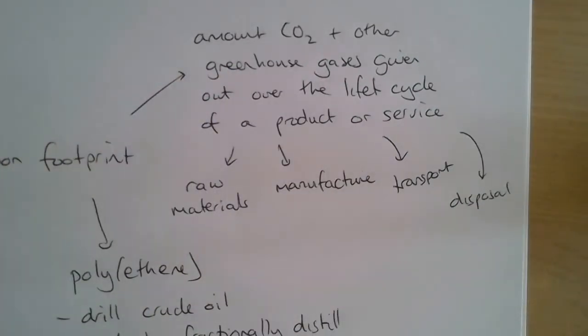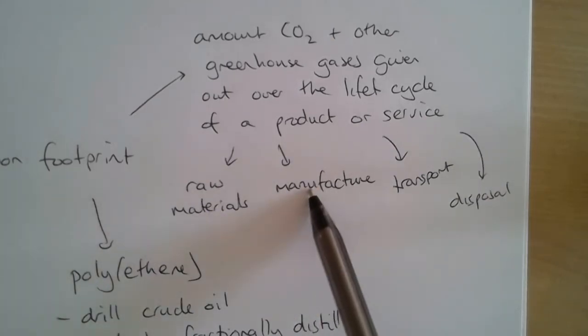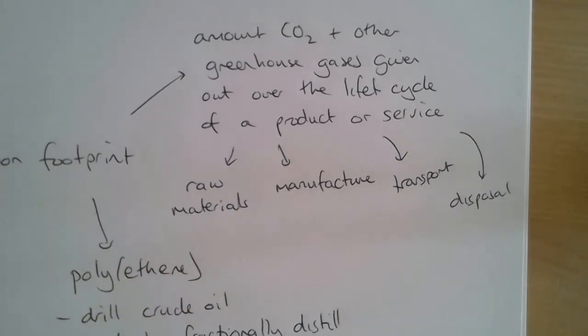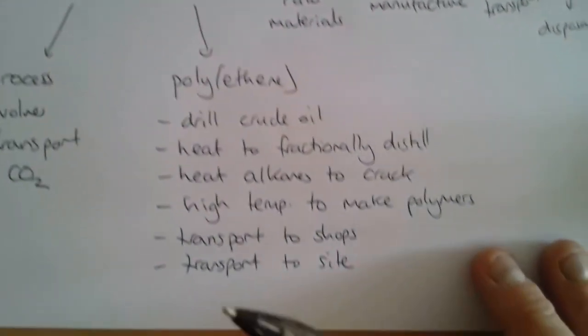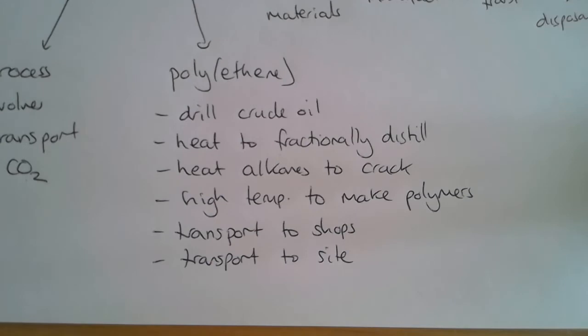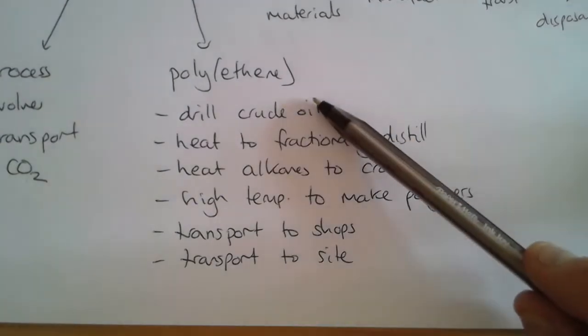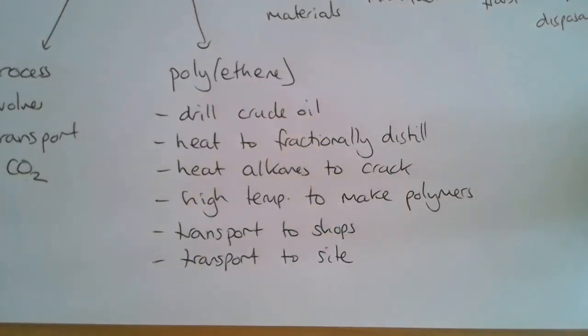So our definition again here is that a carbon footprint is the amount of carbon dioxide and other greenhouse gases given out over the life cycle of a product or service. And the life cycle includes getting the raw materials, making the product or carrying out the service, transport of the product, and then disposal of the product. And we've seen with polythene or polyethylene, so plastic bags, that all of these processes involve energy.